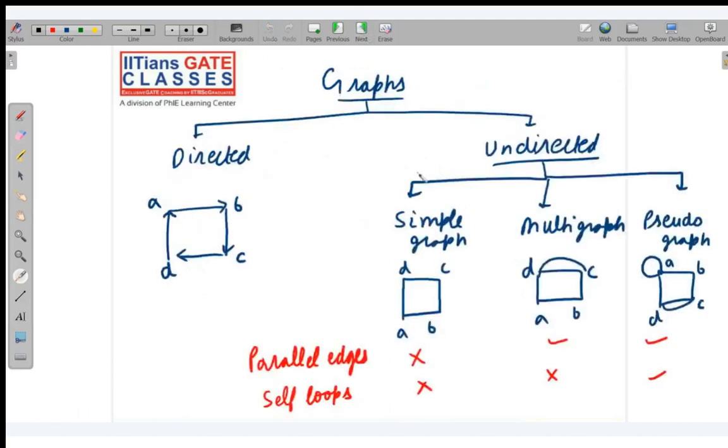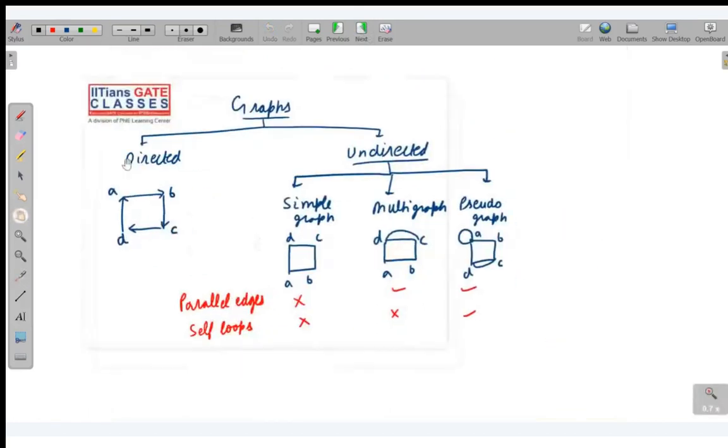So graphs are of two types, directed and undirected. Directed means we will have directions like this. Undirected means there is no direction. If you want to represent it mathematically, the vertices will be A, B, C, D, and the edges will be, now you have to write very carefully, A comma B like this, in circular brackets.